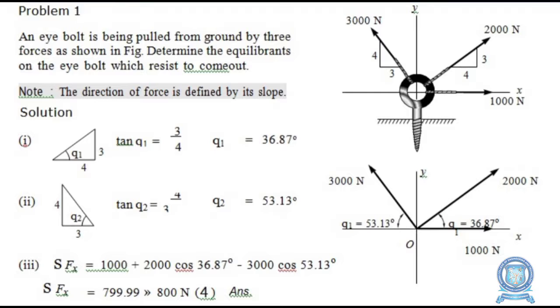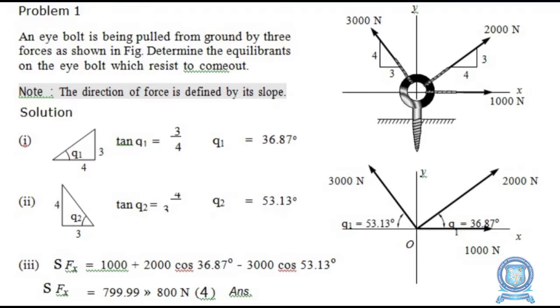Now we can resolve the forces horizontally. Before that, if you want, you can also draw a split-up diagram of the 2000 Newton force and the 3000 Newton force, which have two components each. Then we can solve the horizontal components as follows.